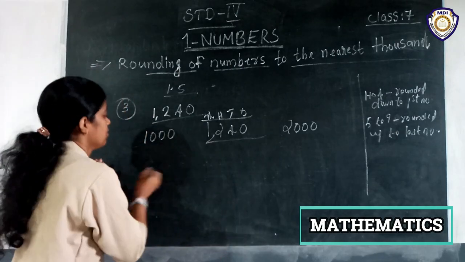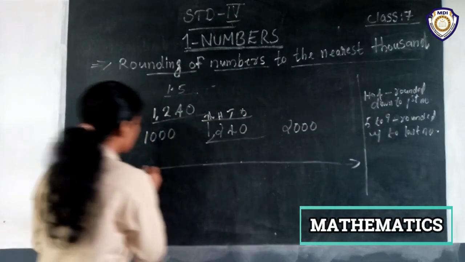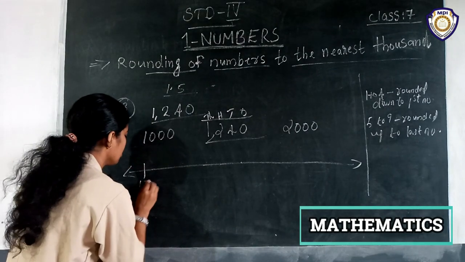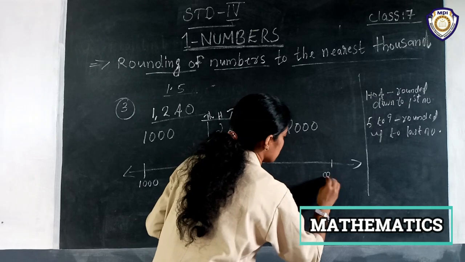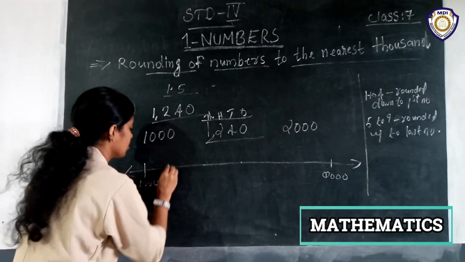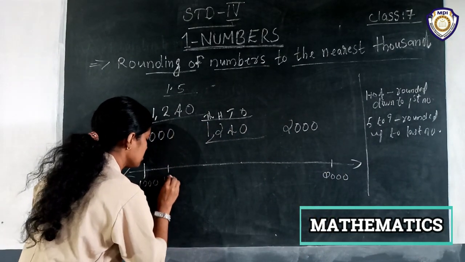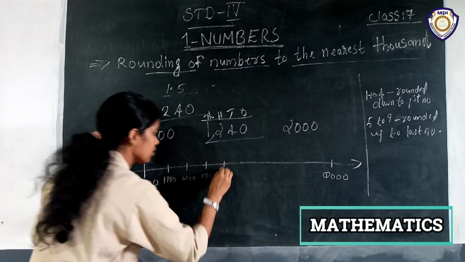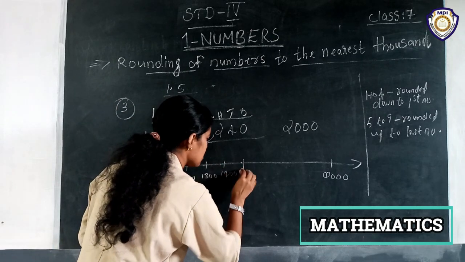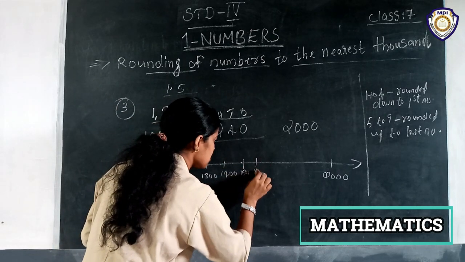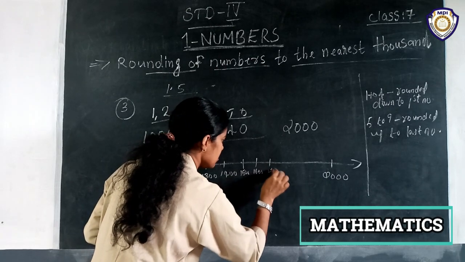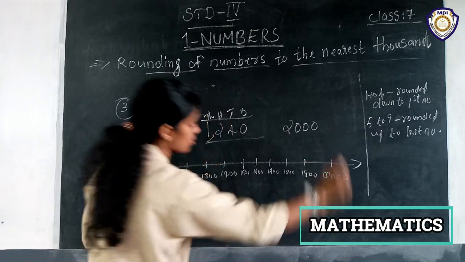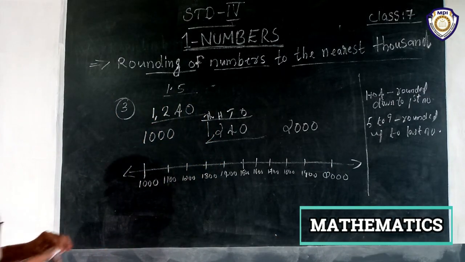Then we draw the number line, 1000 to 2000: 1100, 1200, 1300, 1400, 1500, 1600, 1700, 1800, 1900 and 2000.